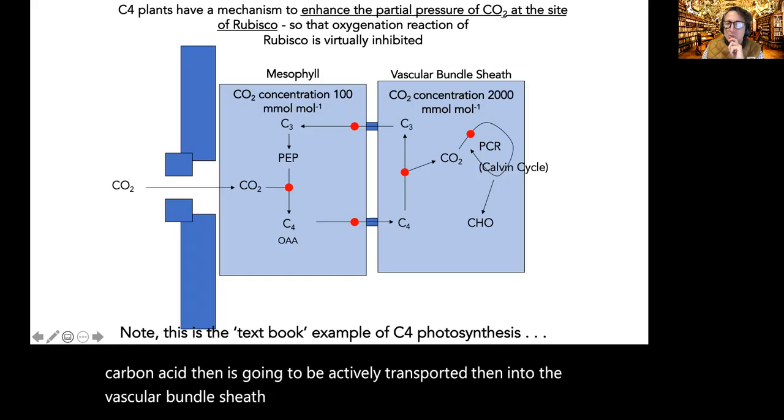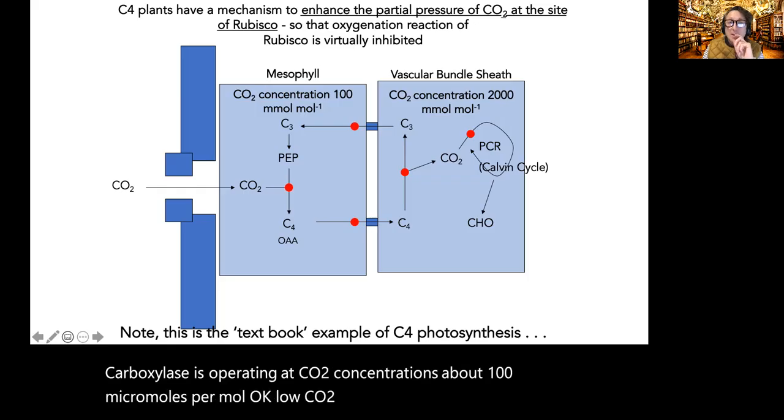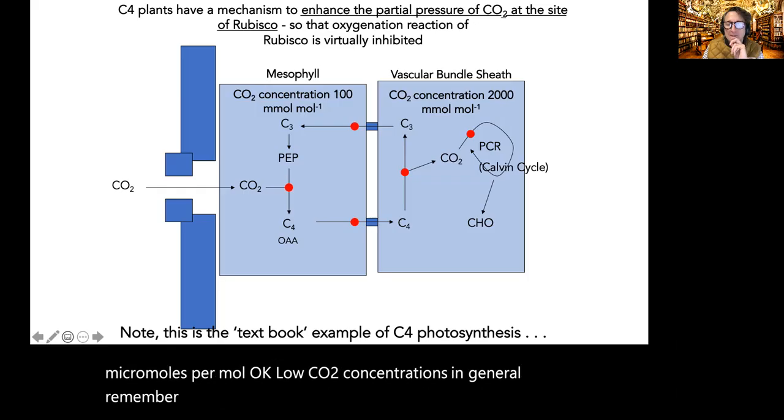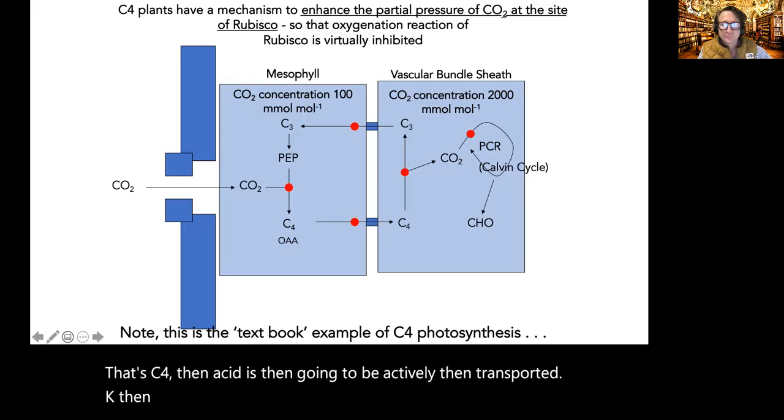So this is our first step. PEP carboxylase is operating at CO2 concentrations of about 100 micromoles per mole. Low CO2 concentrations in general. Remember, it's hot and dry environments. That C4 acid is then actively transported into these vascular bundle sheath cells.